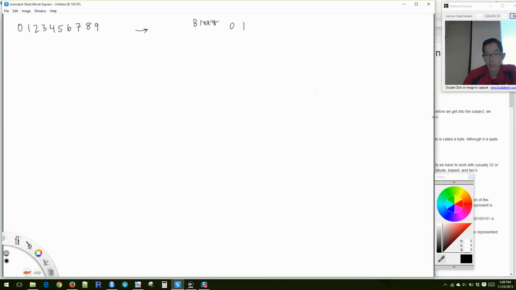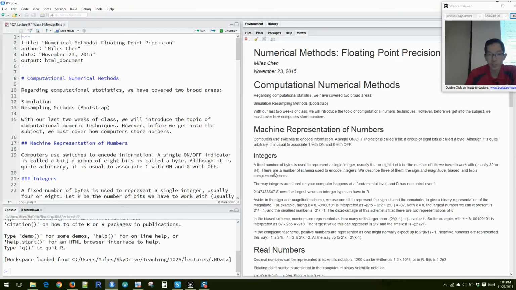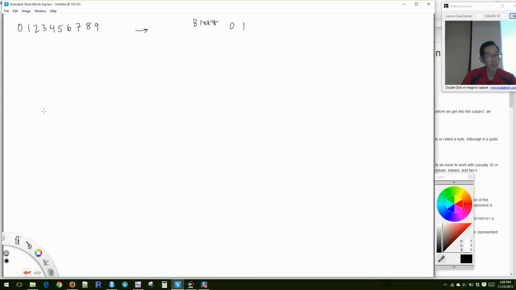As far as the computer goes, you have to allocate a certain amount of memory for the storage of a number. When we're dealing with numbers in day-to-day life, everything is unbounded.